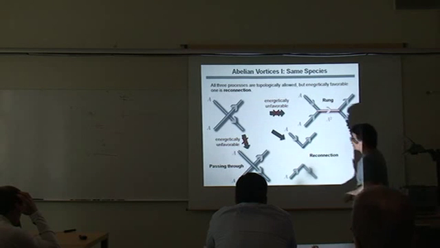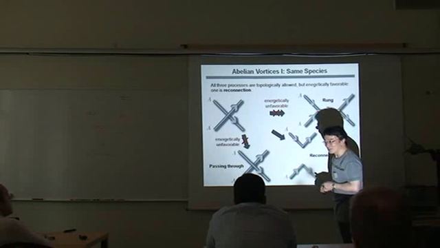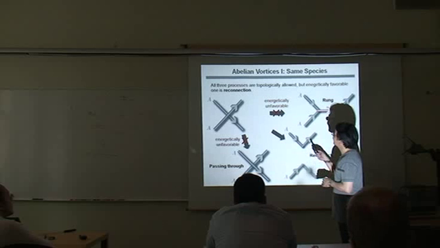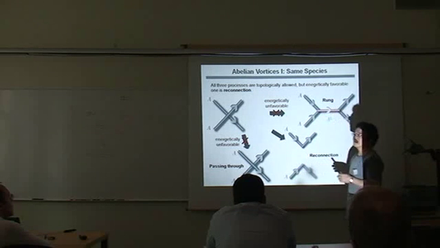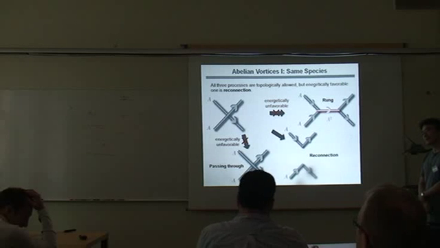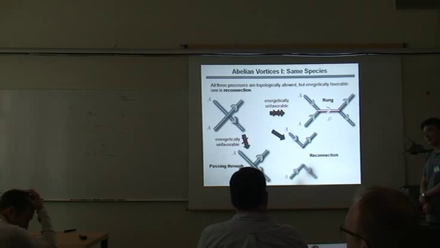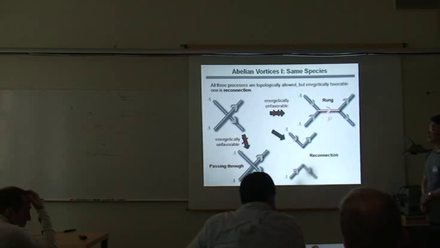But actually, I will show later that dynamically other cases could also happen, depending on whether they belong to the same species or different species. I'm just talking about the single component case. It's well established numerically that vortices in a single component, like Gross-Pitaevskii, always reconnect when they cross each other.